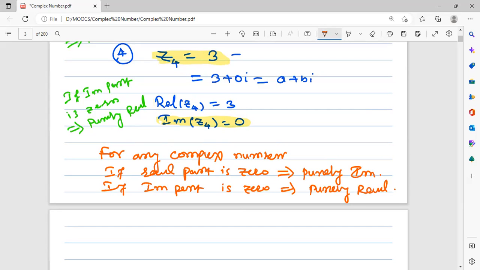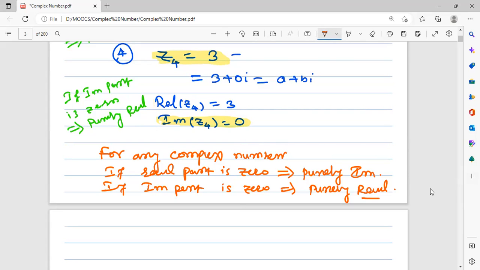Now remember this. If my complex number has real part 0, then it is a purely imaginary number. And if the imaginary part is 0, it is purely real.